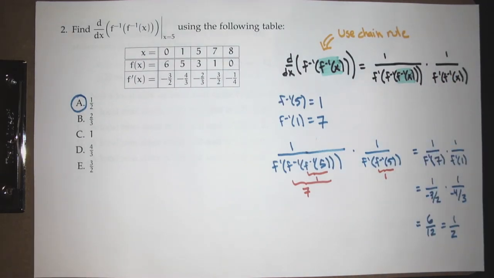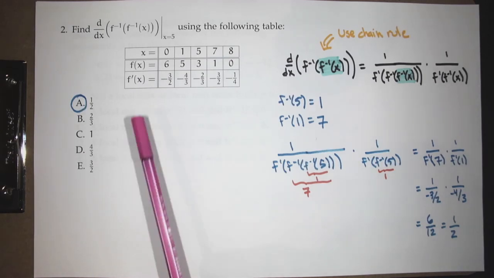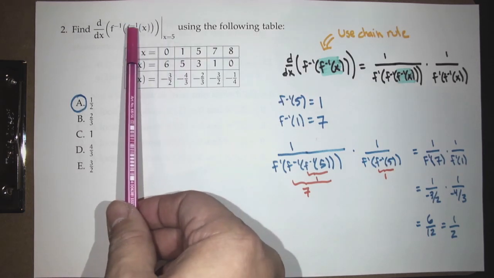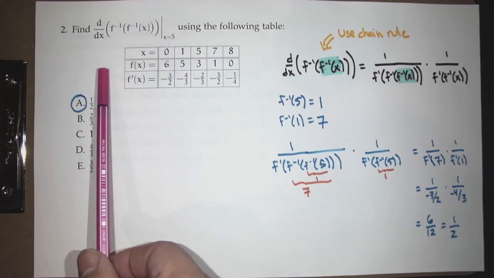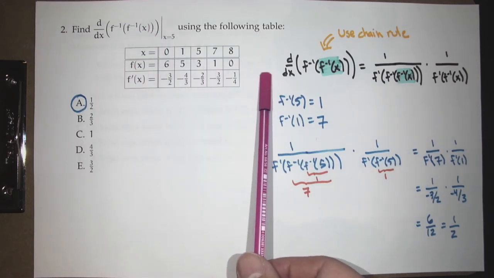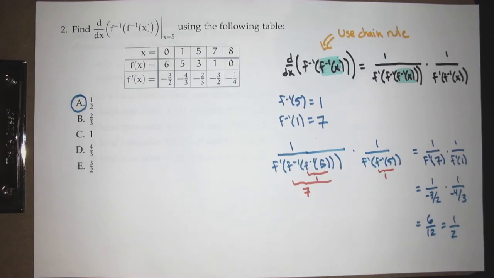Okay. Now we have to figure some things out. Well, we know we're plugging in 5. So we're going to have to figure out what is f inverse of 5. They haven't given you a row for f inverse. So how do you find f inverse of 5?